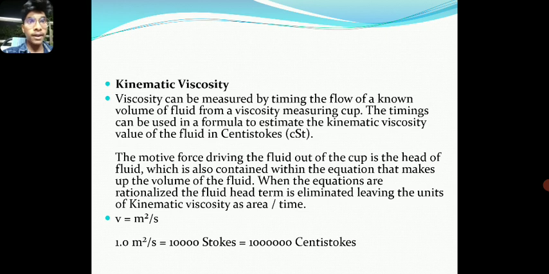The motive force driving the fluid out of the cup is the head of the fluid, which is also contained within the equation that makes up the volume of the fluid. When the equations are rationalized, the fluid head term is eliminated, leaving the units of kinematic viscosity as area by time.